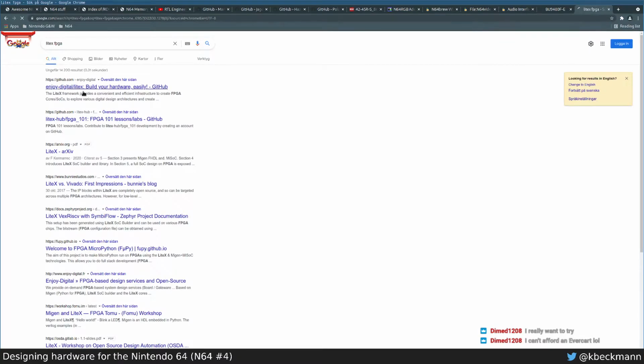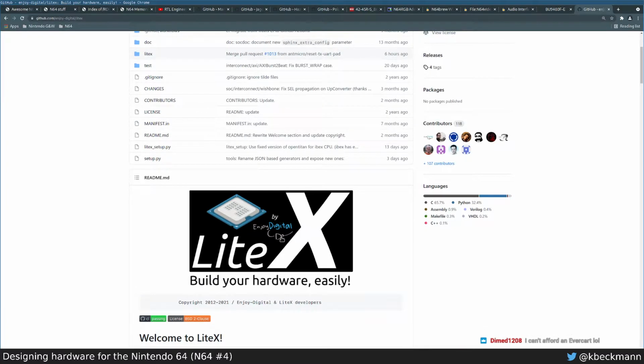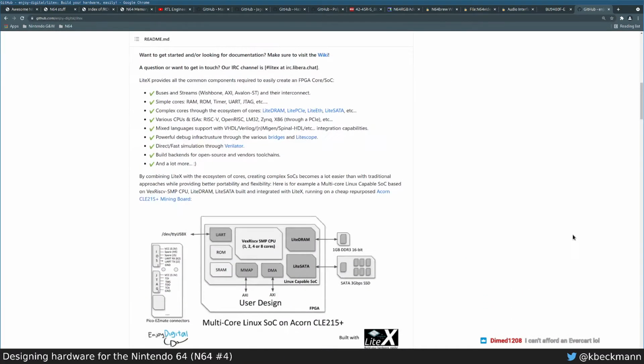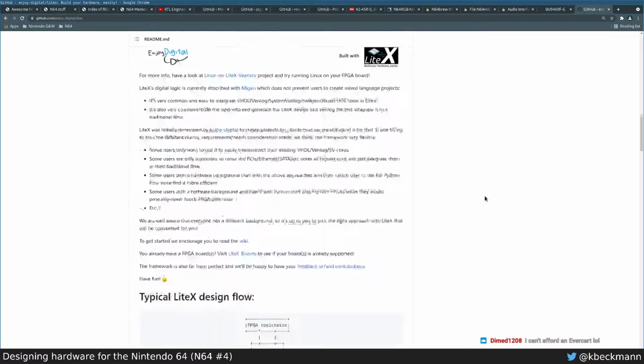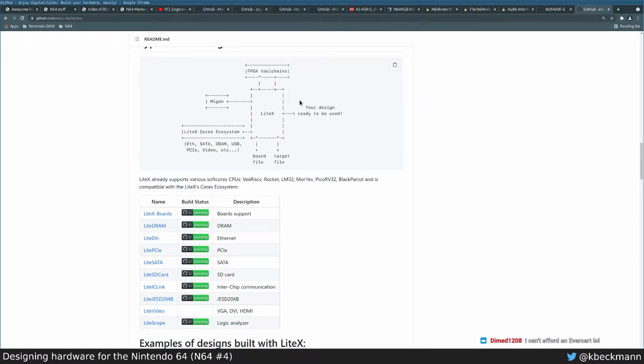So let's just do a really quick overview. It's this one, LiteX, and there's a ton of modules that you can use and plug in.